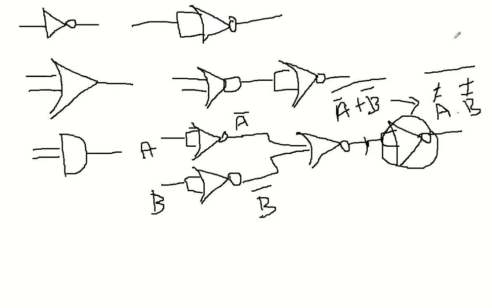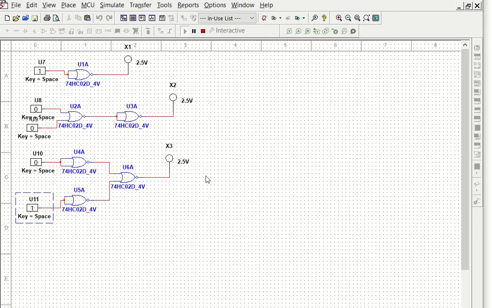So this is becoming AB bar, which means ultimately a NAND gate. We can check it here. If, instead of AND, you want to make it NAND, what are you supposed to do? Just add one inverter gate. So we can easily do it. Stop the simulation. Whenever you are doing any edit in your circuit, make sure the current simulation is stopped.